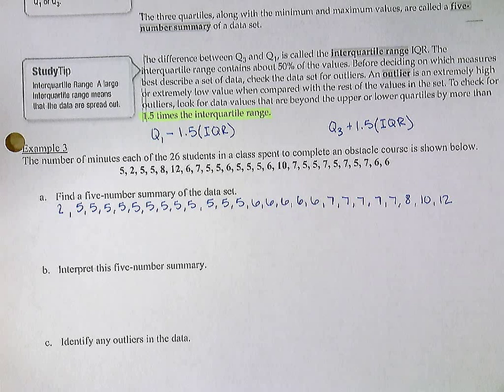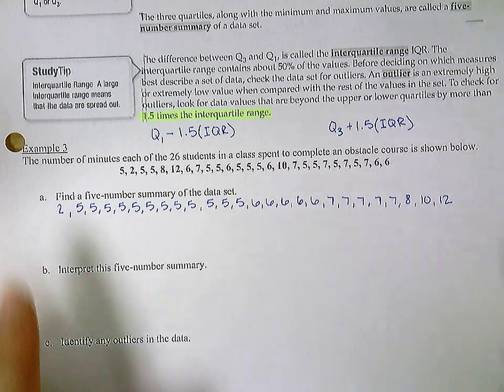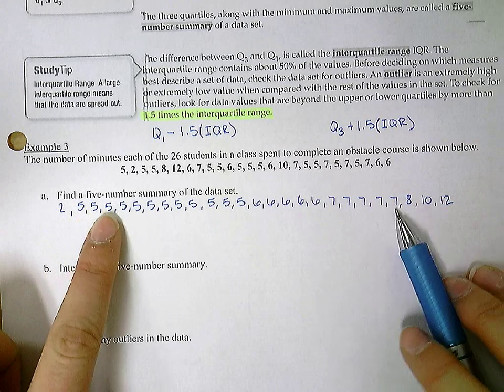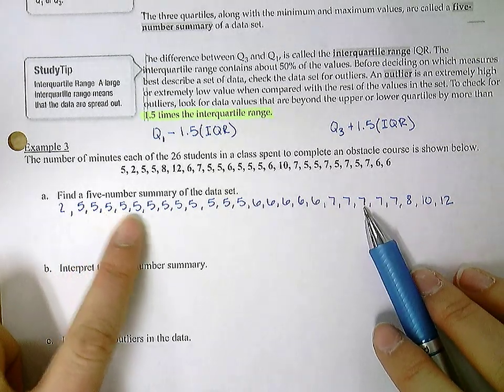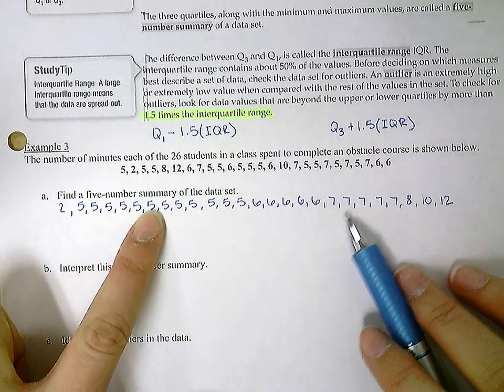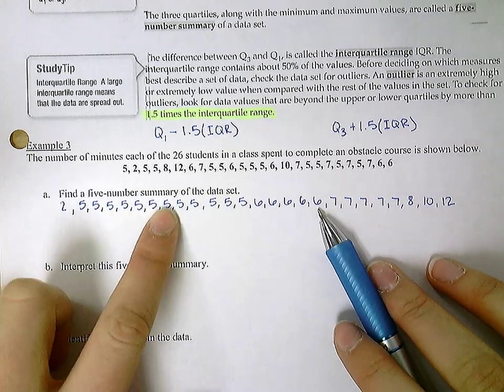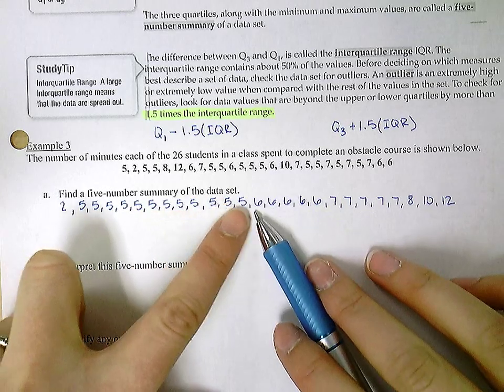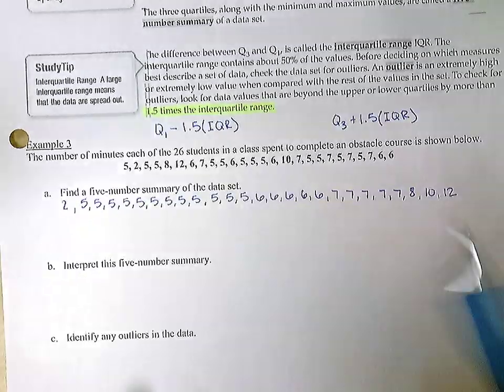Next, what you want to do is find the median of this data set, so the middlemost term. Okay, so you just want to go down each number. It is between 5 and 6.